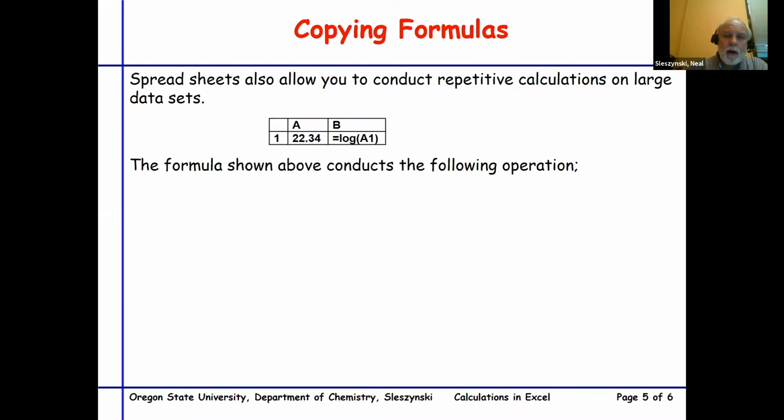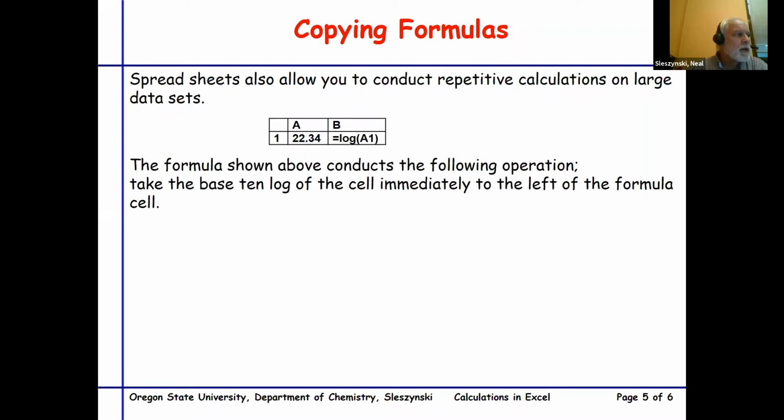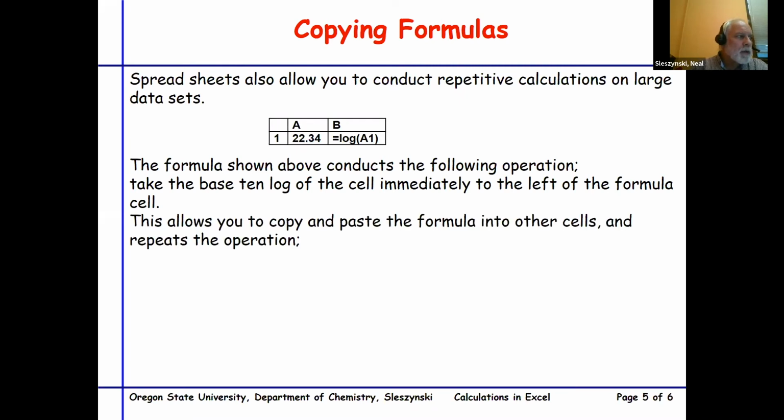The formula above conducts the following operation: take the base 10 log of the cell immediately to the left of the formula cell. This allows us to copy and paste the formula in other cells and repeat the operation.